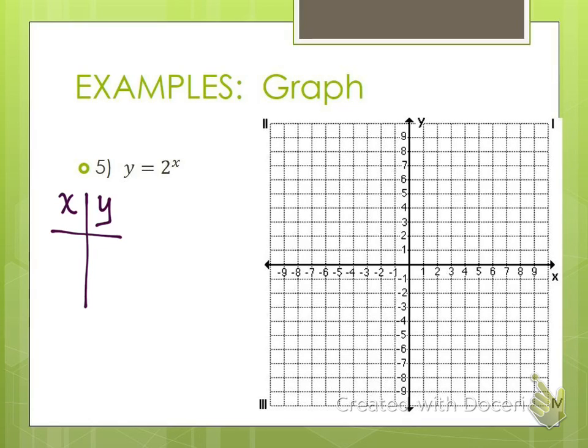But to get a full idea of this graph, do I need a negative number? We definitely need to use 0. Let's start it off with 0, 1, and 2. I might not need a negative on these. I might be okay if we just stick with positives. Charles? How do you know when you need a negative number?